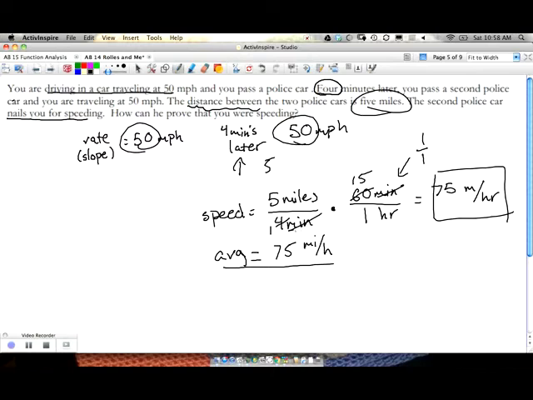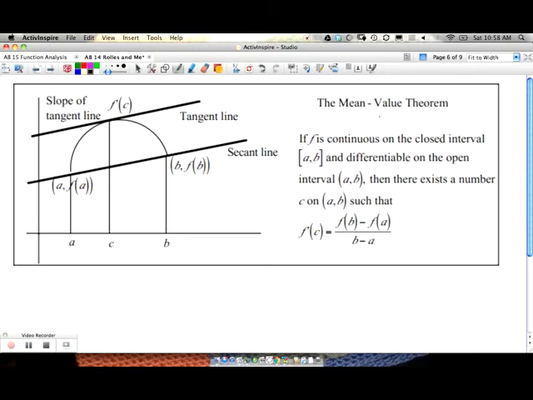There's no way that I could have stayed under the speed limit and still made an average speed of 75 miles per hour. So this is why, right there. Good job, cops. And here's visualized what is happening. So the idea is that not only if your start equals finish, but look at this slope here. This is our average slope.